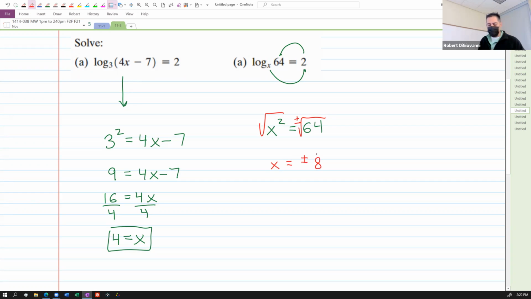Are these both solutions? No. Why not? Negative 8 is not in the domain. Okay, you're right, but be careful on the language there. So we have two answers, 8 and negative 8, right? Negative 8 is not okay, but it's not because negative 8 is not in the domain. It's because look at what x is. x is the base of the log.